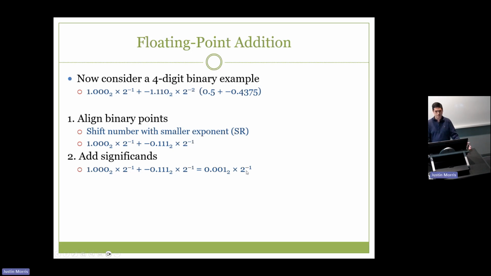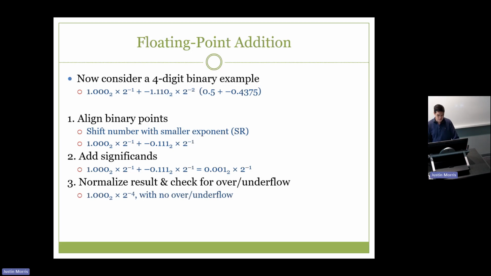Next step is to normalize it, right? So we have to move the decimal over by 3, and because of that, we are subtracting 3 from the exponent. So we get 2 to the -4.